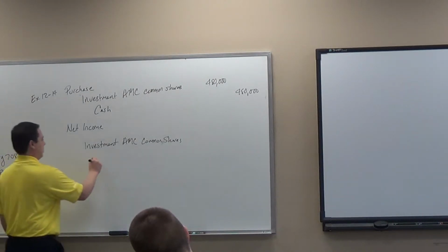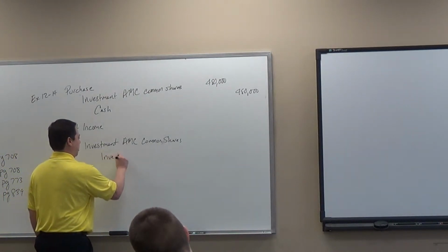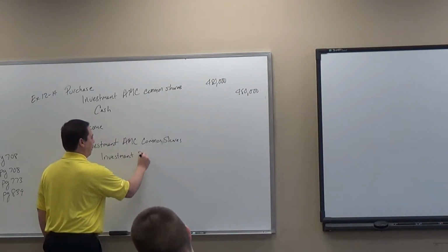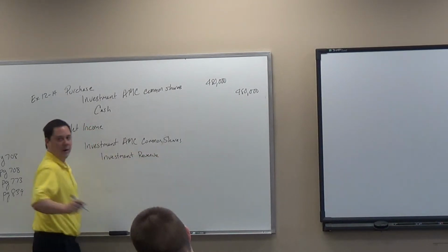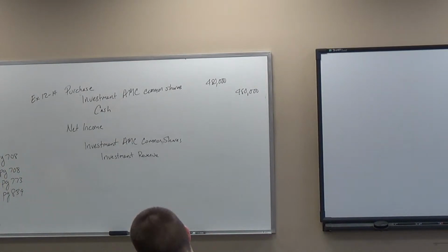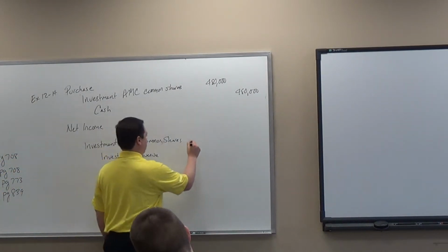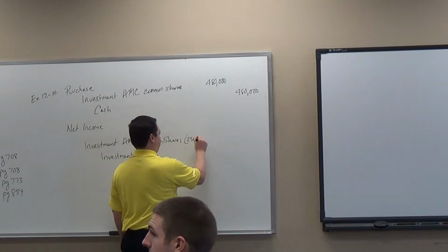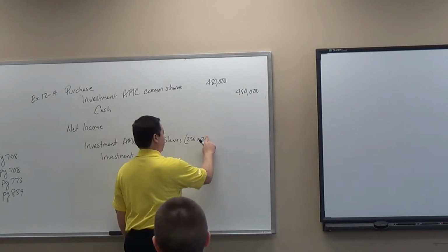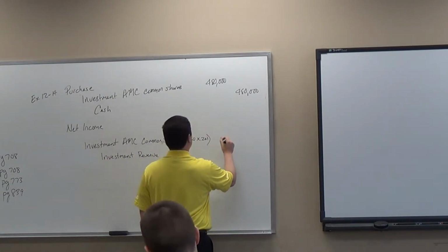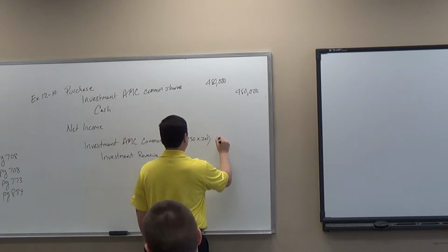No, it's 50,000. Okay, that sounds better. The 250, I think, was the total amount of the revenues. We have to take our portion of that, which is 250 times 20%. Okay, so let's say that was 50,000.